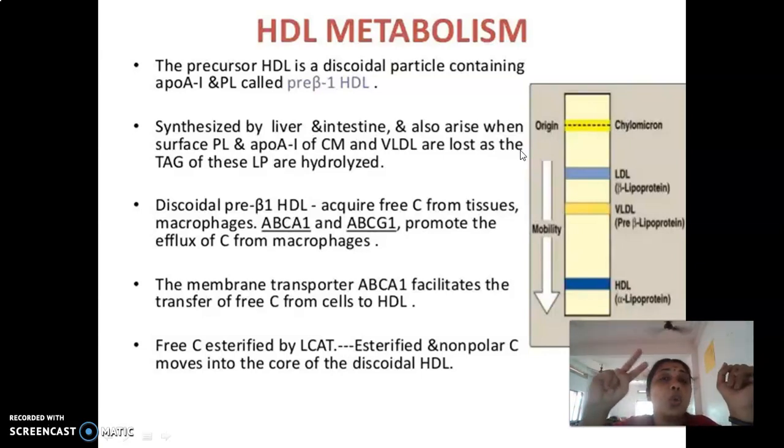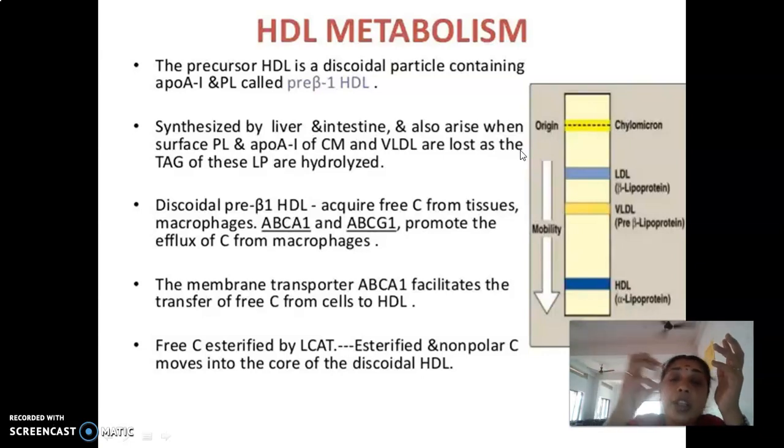So SRB1 has two different functions. In the liver cells, what does it do? They accept the cholesterol esters from the HDL without internalizing the HDL molecule. While in the peripheral tissues or the extrahepatic tissues, what is SRB1 doing? They internalize the HDL molecule, and these HDL molecules will be laden up with the cholesterol esters. So they have dual functions.